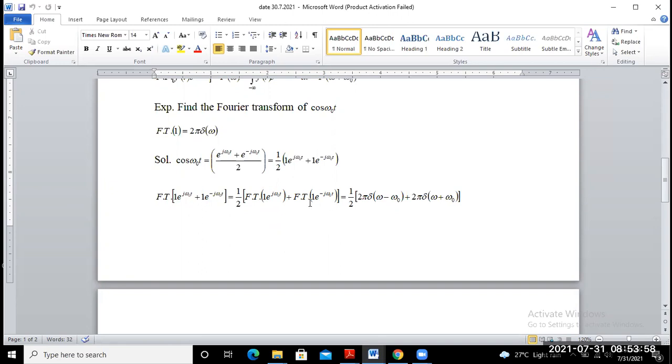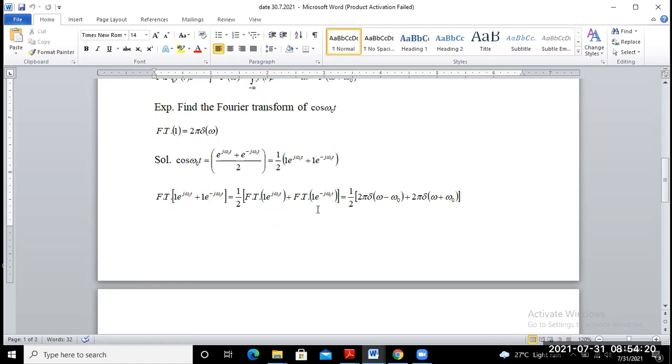We can write xt, that is ft into e to the power j omega naught t, whose Fourier transform is F of omega minus omega naught.